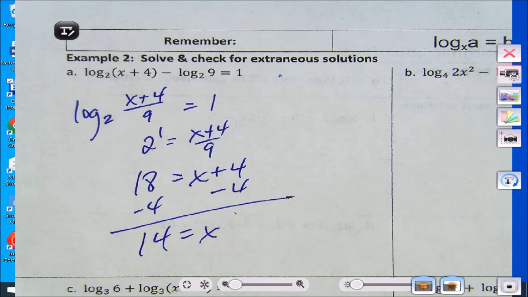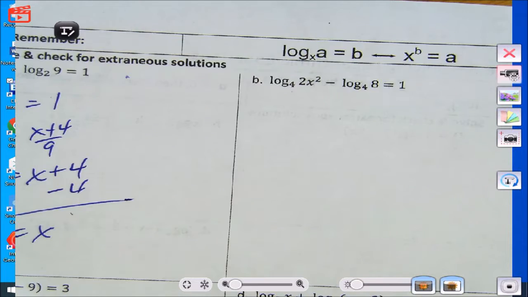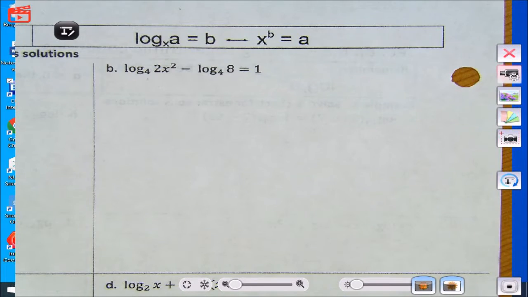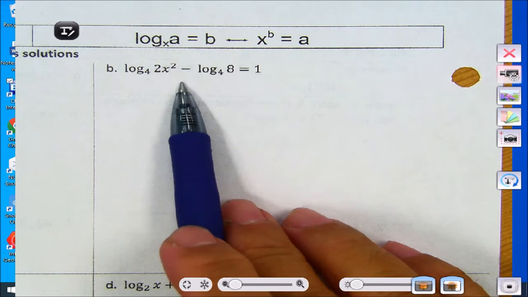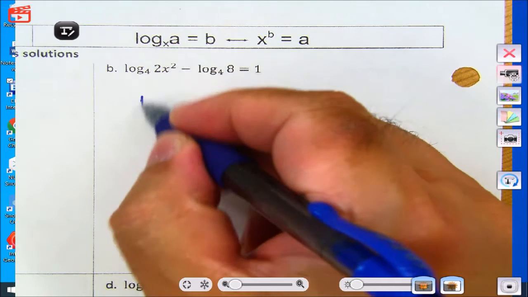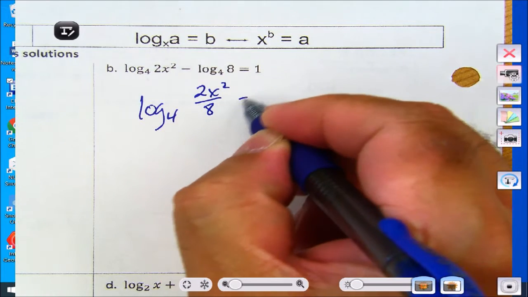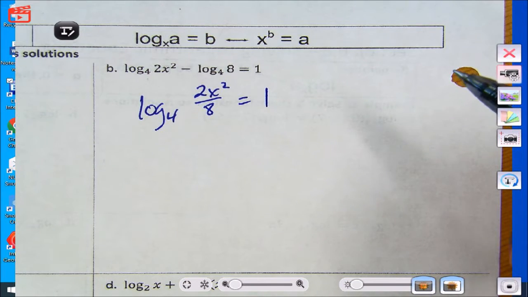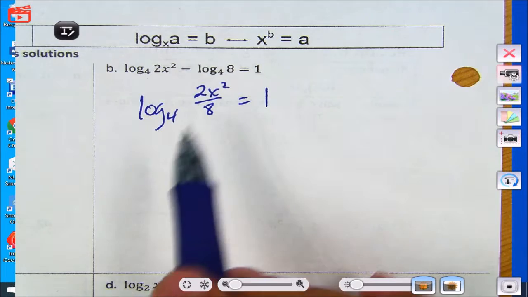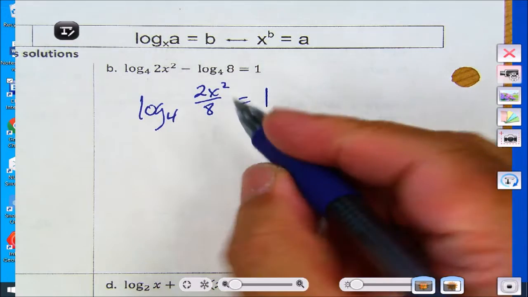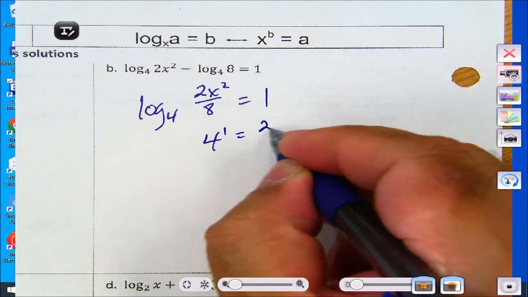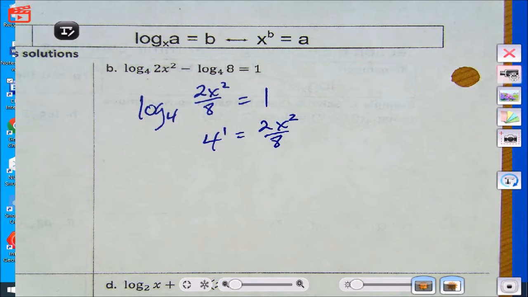Alright, example B. Ready for example B? So it's subtraction again, so it's going to be division or a fraction. Definition of log: you're going to do 4 to the 1 equals 2x squared over 8.